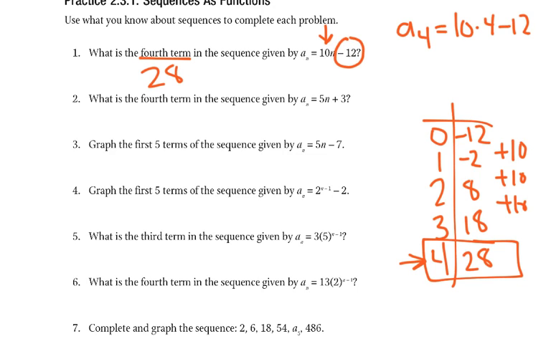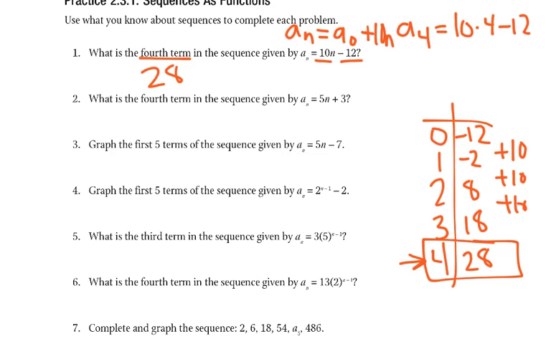So we can use a table if we understand those pieces, and remember, for an explicit formula, it's a sub n equals, usually I write this number first, our starting number, plus our growth times n, so that common difference times n.